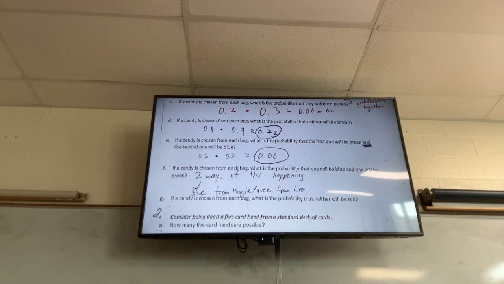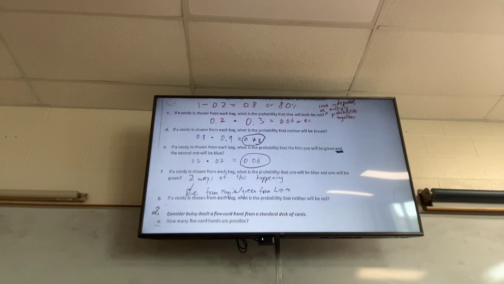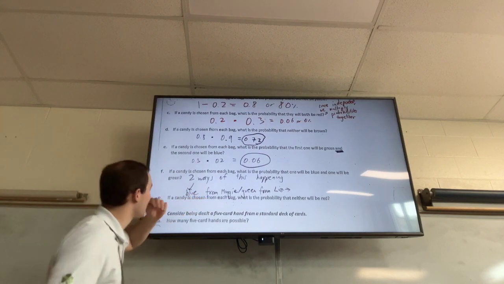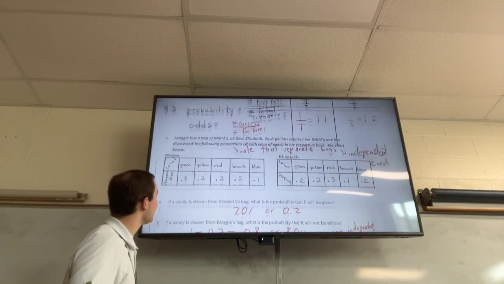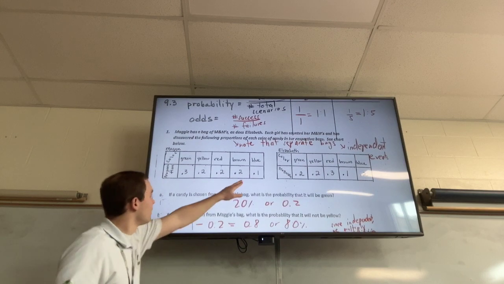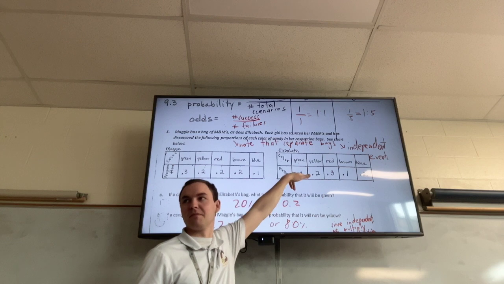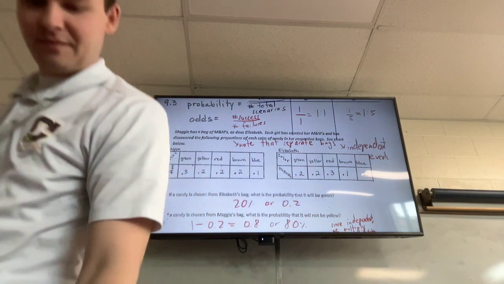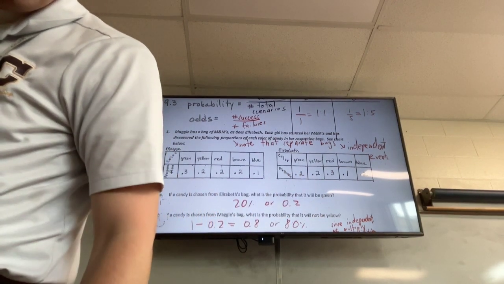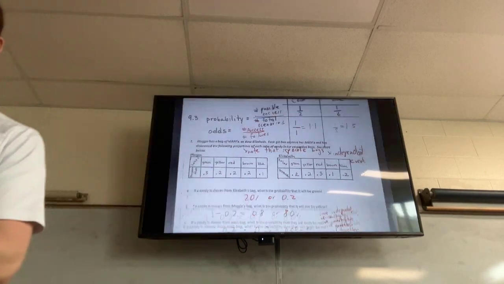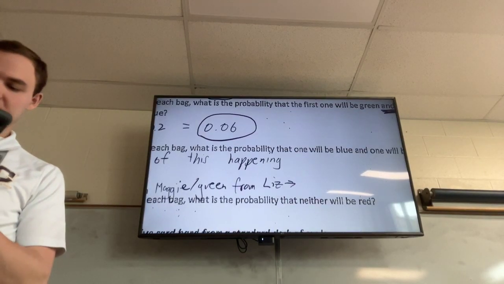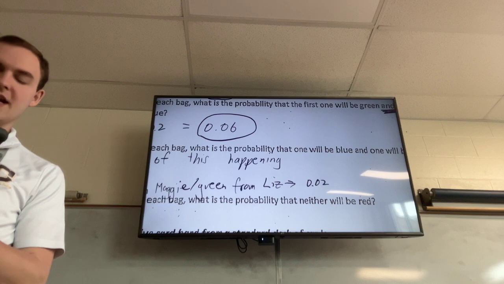Okay, what's the probability for that? Blue from Maggie's is 0.1, times the green from Elizabeth's is 0.2. You guys following? Okay, 0.1 times 0.2 is 0.02. So that's a 2% chance, okay?